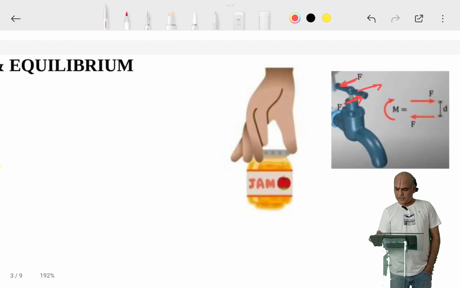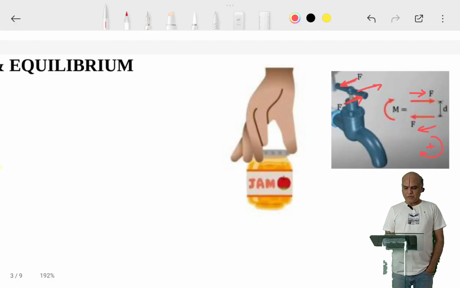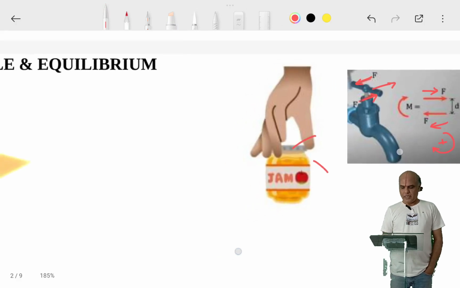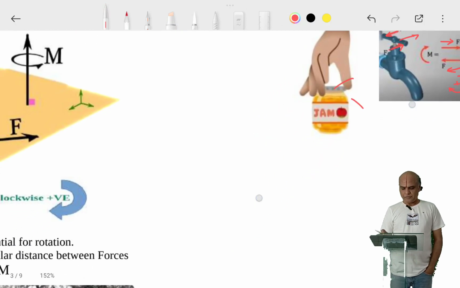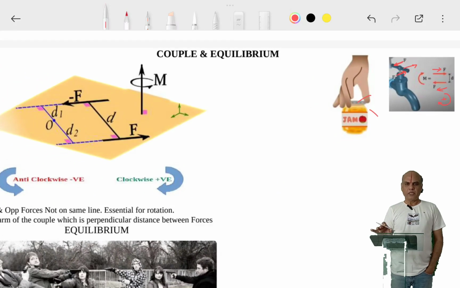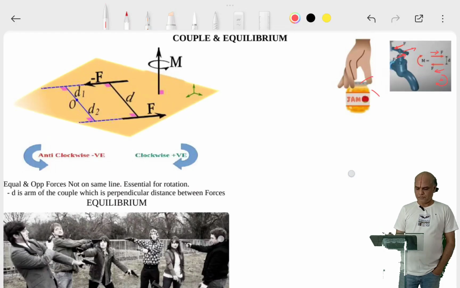In this case, it is turning clockwise, which is positive. Similarly, when we try to open the lid of a jar, we are applying a couple, which causes the lid of the jar to rotate and hence open. So you can think about other examples from daily life. Clear? Okay.